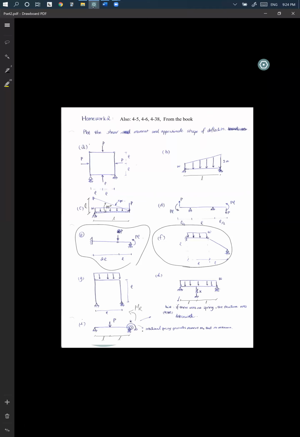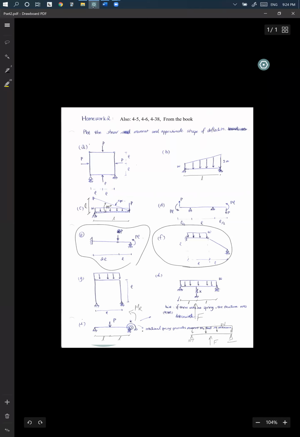For this one, assume that there is a concentrated force, call it F, and go forward. So basically your problem becomes this. We don't treat those as unknowns. We just call it F and solve.